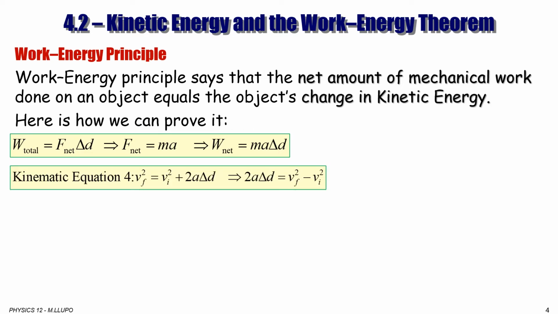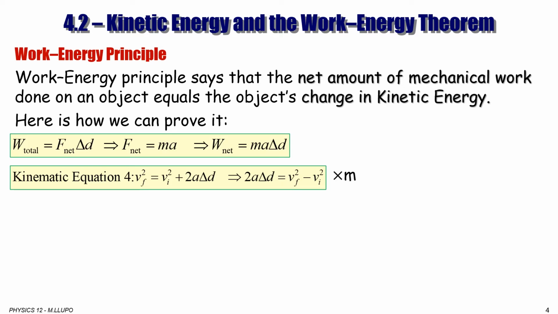Then we can go back to kinematics equation number 4, and we can say that V final squared is equal to V initial squared plus 2a delta d. Now, if we move V initial squared to the other side of the equation from positive, it will become negative. So that's why we have V final squared minus V initial squared, and what is left on this side is 2a delta d.